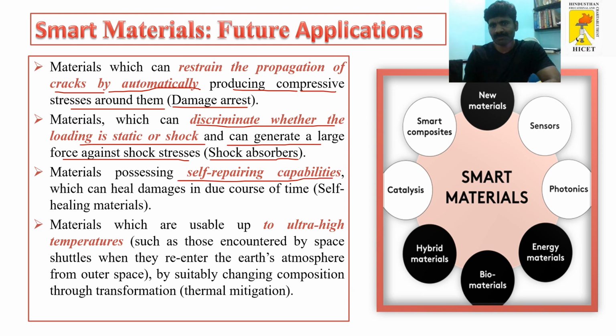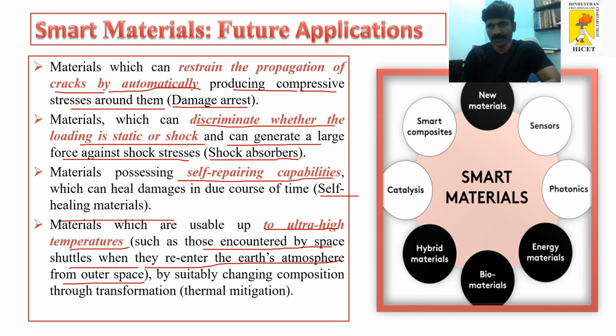Material possessing self-repairing capabilities, self-healing materials. The materials which are usable up to ultra high temperatures, those encountered by space shuttles when they re-enter the Earth's atmosphere from outer space. So these are the kind of future applications that can be given by smart materials.